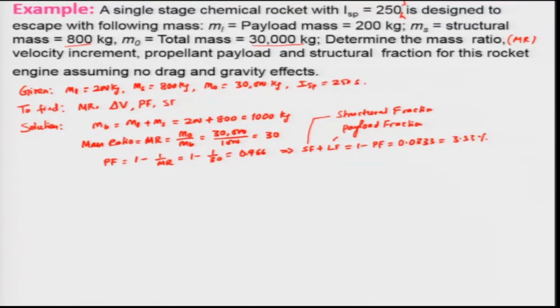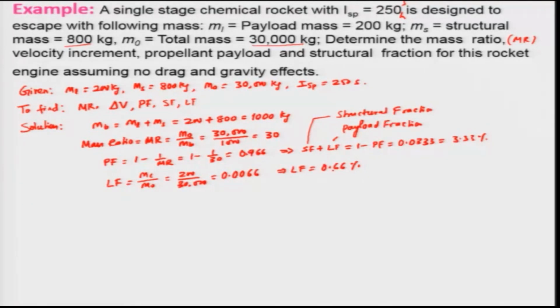And of course, we will have to find out the payload fraction. The LF is L divided by m naught, that is 200 divided by 30,000. I will be getting something like 0.0066, and that means LF is 0.66 percent.